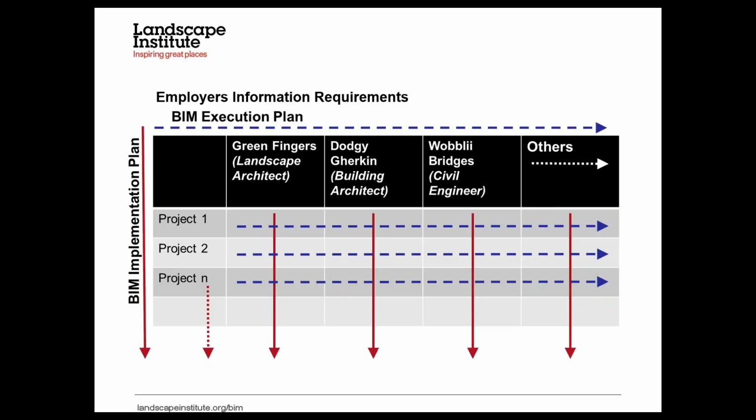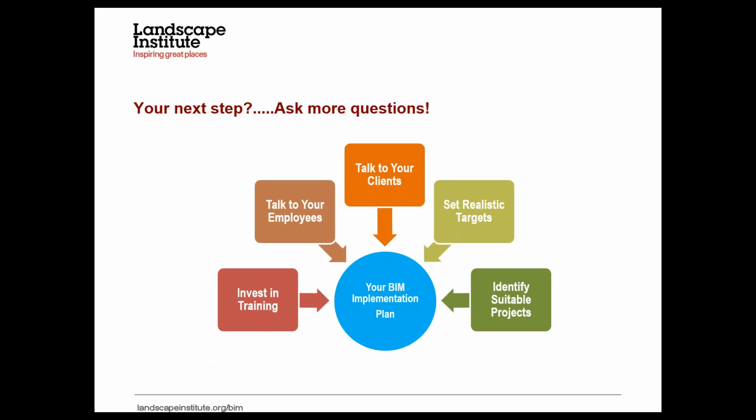Project 2 is we're going to get to grips with the way we receive drawings from our suppliers, and we issue drawings to our suppliers. So it's looking at those small wins on each project, and that's something you've probably done over many, many years, developing CAD standards to get to where you are now. Think about the same with the BIM process, and make sure it aligns with your BIM strategy for the company itself. And then finally, where do you go from here?